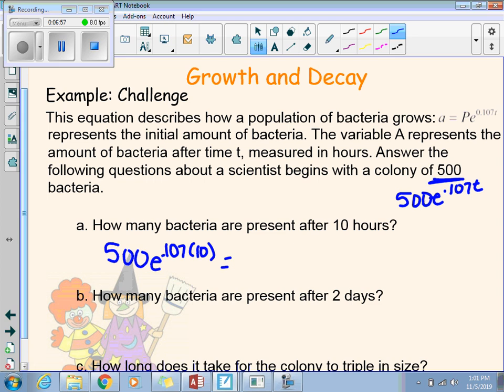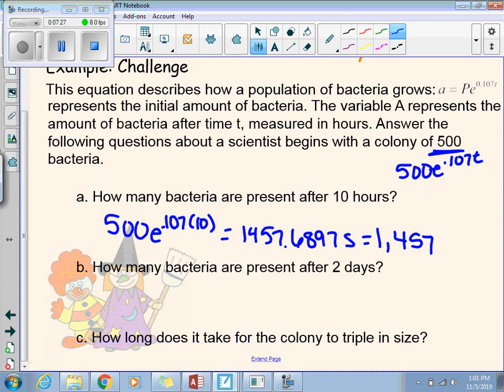And we'll get 1,457.6895. So after 10 hours, how many really did we have? Right, we would stop at the whole number. So really 1,457 is what we would stop at.